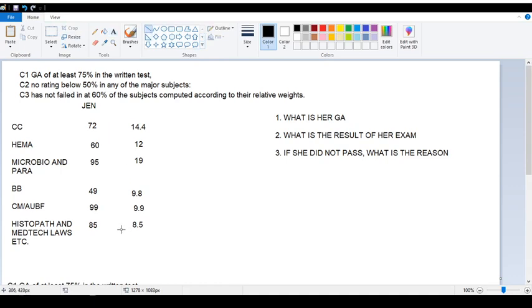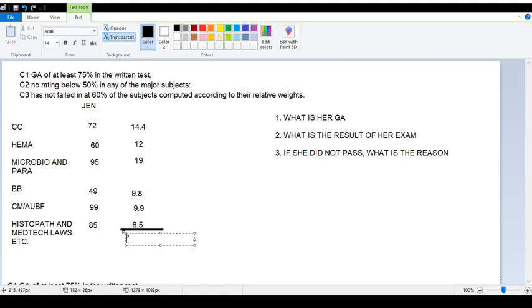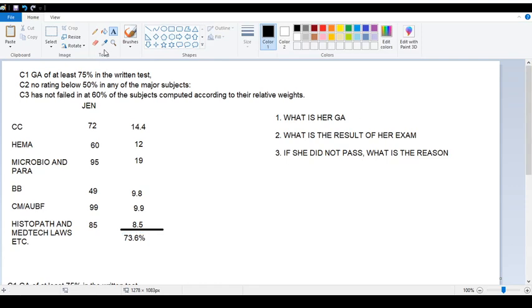So to get the general average, you just have to add them. So pag in-add natin yung mga yan, the general average of Jen, that is 73.6%. So i-add mo lang ito lahat, 73.6. So we can now answer the 3 questions here. What is her general average?